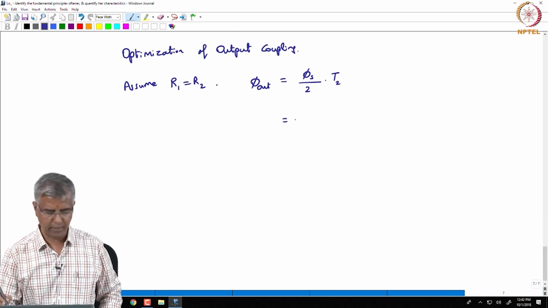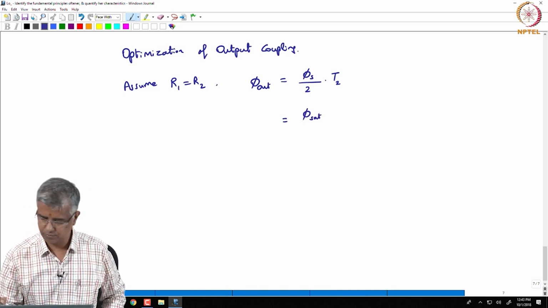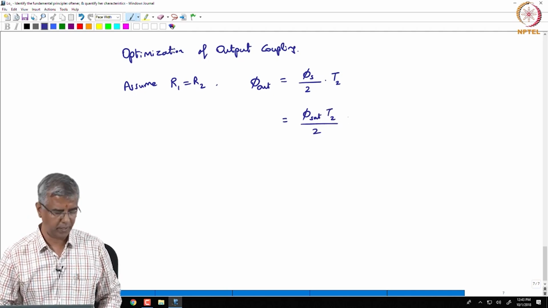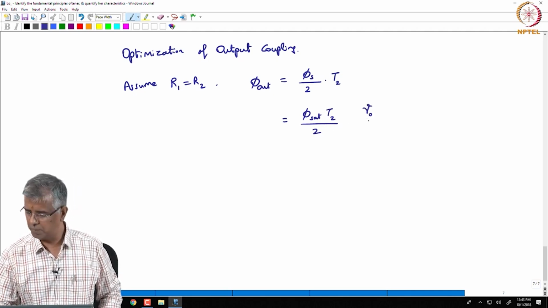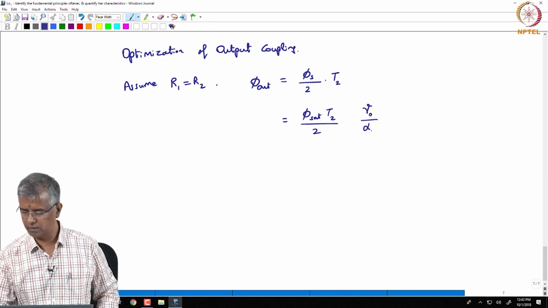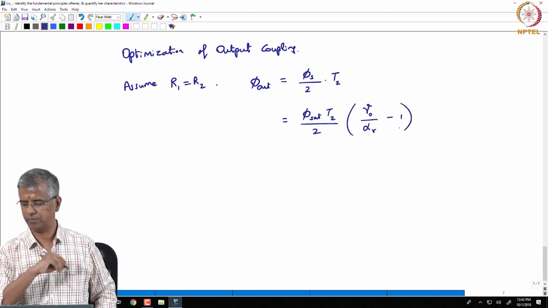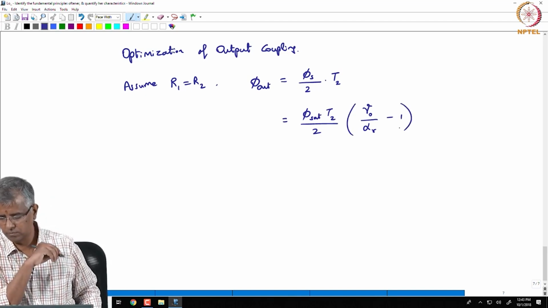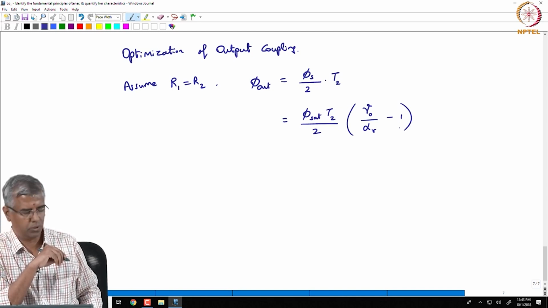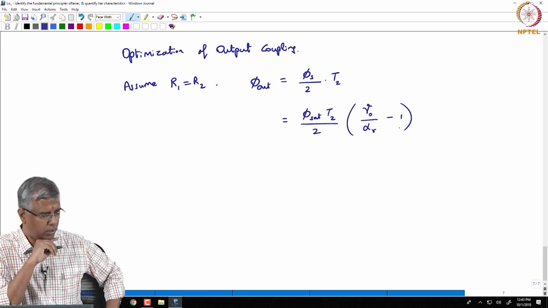I can write this as phi sat multiplied by T2 divided by 2, times gamma naught, which is the small signal gain, divided by alpha r, minus 1. So, I can just substitute phi sat and this other part instead of phi s.